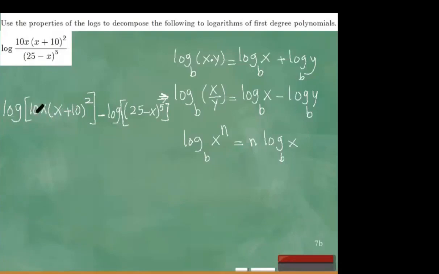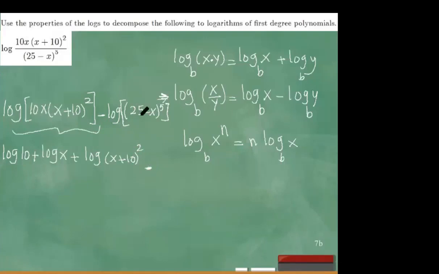The product of 10 times x plus 10 squared. So I can write this as log of 10 plus log of x plus log of x plus 10 squared. That would be for the first part.